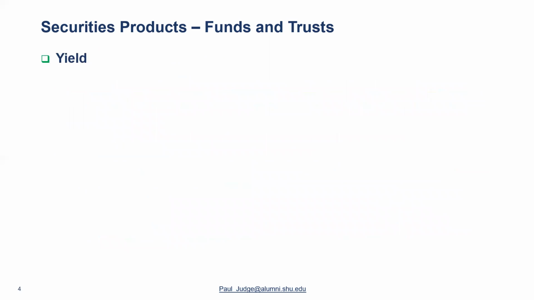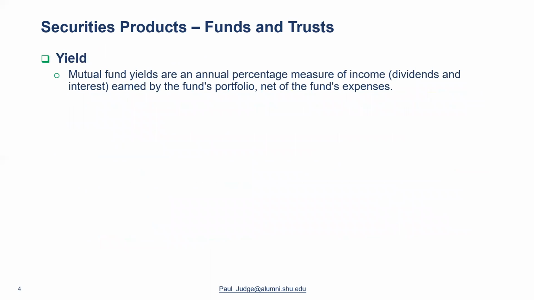We talked earlier about the term yield. And what does yield mean? Mutual fund yields are an annual percentage measure of income, dividends and interest earned by the fund's portfolio, net of the fund's expenses. So here's the example. You have a mutual fund investment of $100,000.